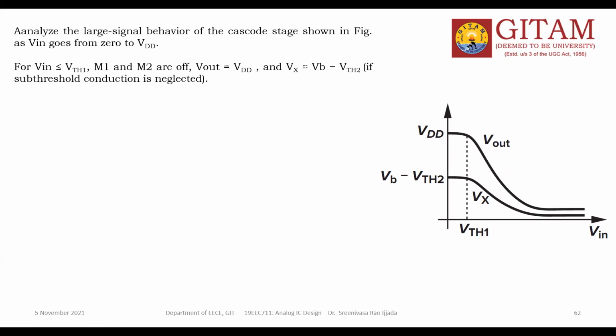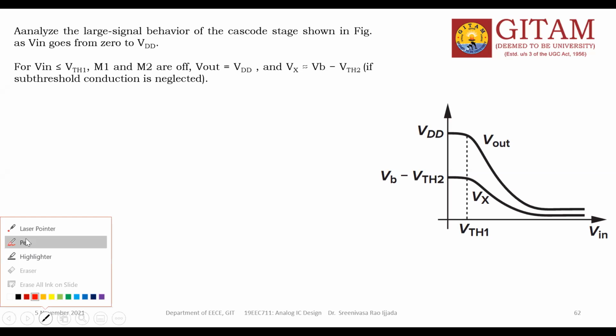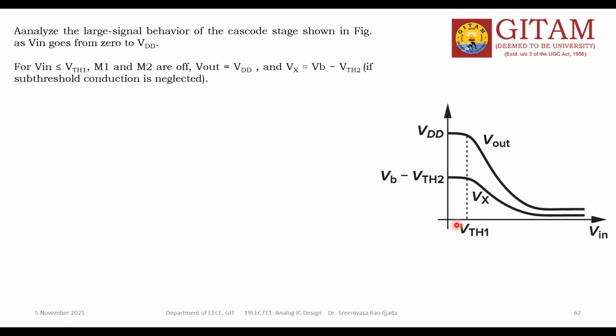In this circuit there are two devices, M1 and M2. Suppose the input voltage applied is 0, so there is no drop and Vout is equal to VDD; you will get the full VDD. For Vin less than VTH1, in this region, this is the VTH1 voltage. Suppose your input voltage is in this range.